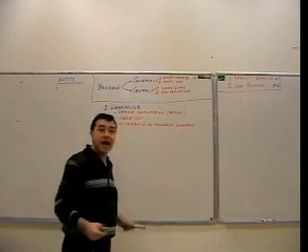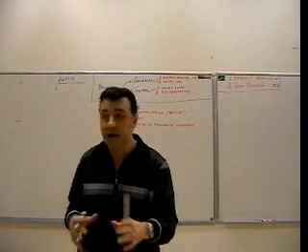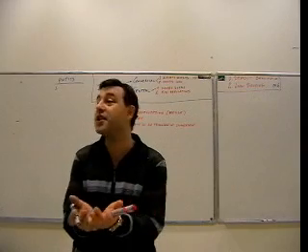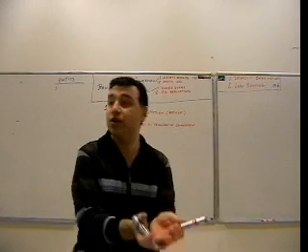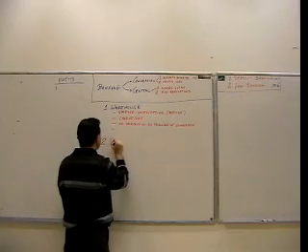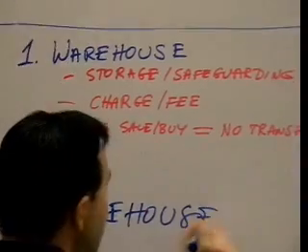They're going to give you back what? Initially, when you deposit it, they're going to give you a piece of paper which states that you actually gave it to them. Okay? So we call this document a warehouse receipt.